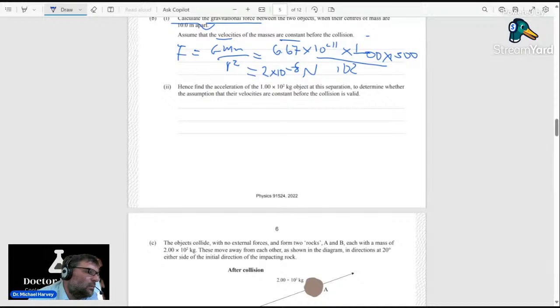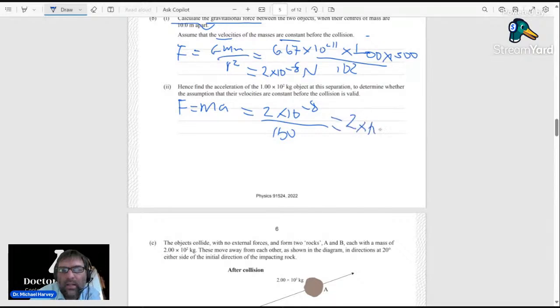Okay, how do I do this? So the acceleration, this is going to be your force. Force equals ma. Rearrange it to get the acceleration. So it'll just be 2 times 10 to the negative 8 divided by the mass, 100. And that will equal 2 times 10 to the negative 10.